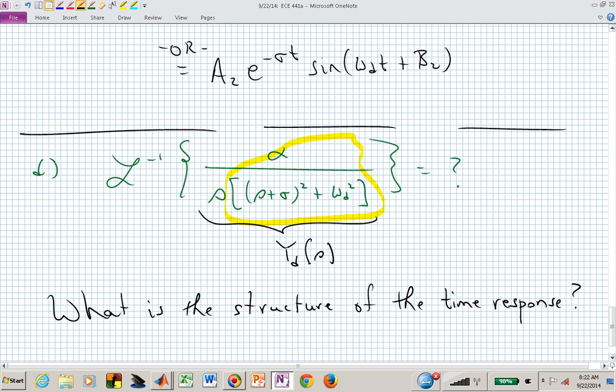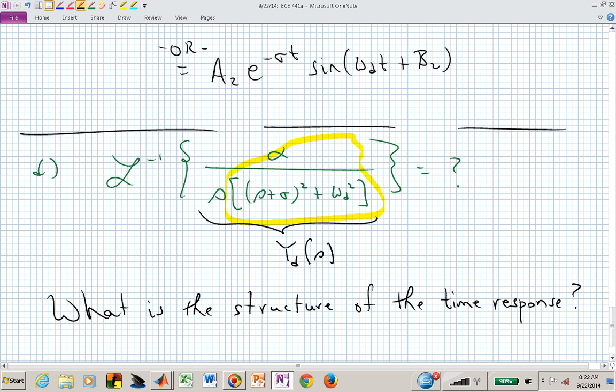Do you have a feel for what that is? Or what that might look like? We've now put one more s in the denominator. We've hit a second order system with a step.